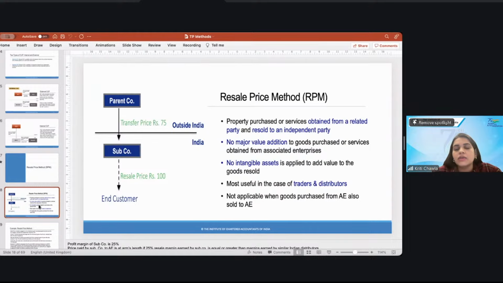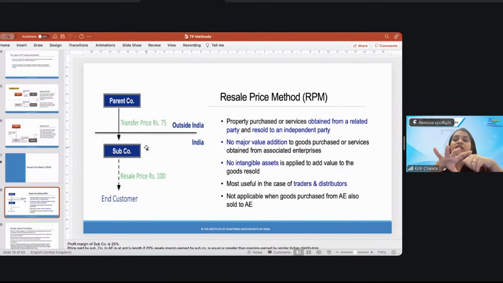When I say resale price method, it basically talks about reselling a particular commodity. So if there is a parent company that is selling the commodity to a subsidiary company, and the subsidiary company is selling the commodity to the end customer, what the subsidiary company is actually doing is reselling the commodity, and hence this is called the resale price method.